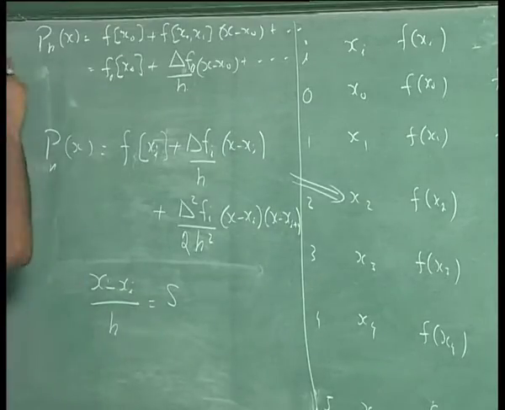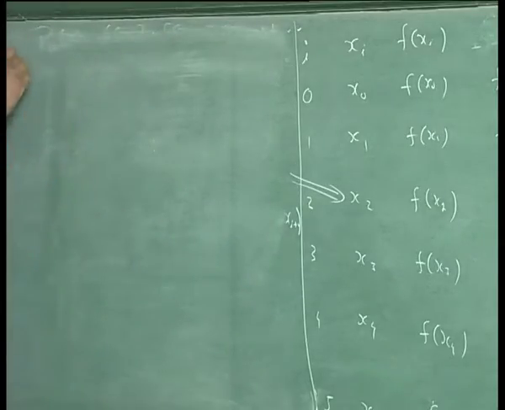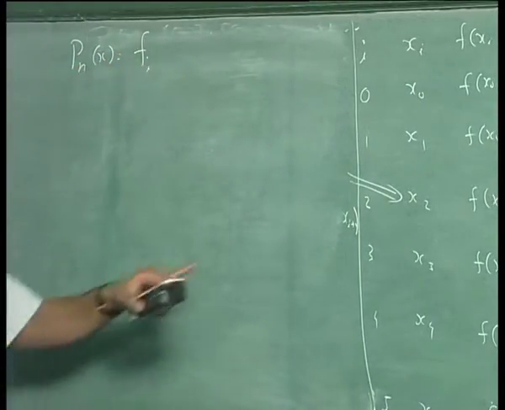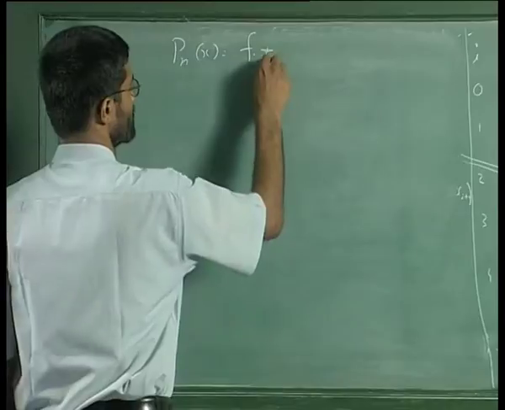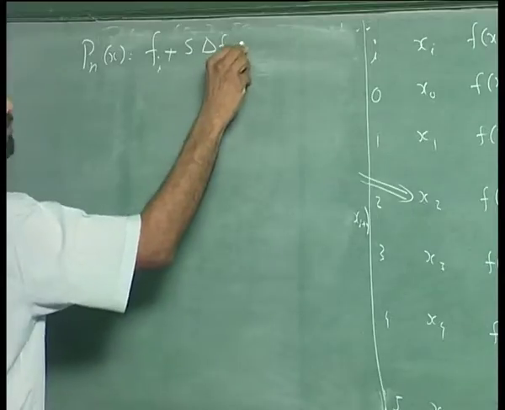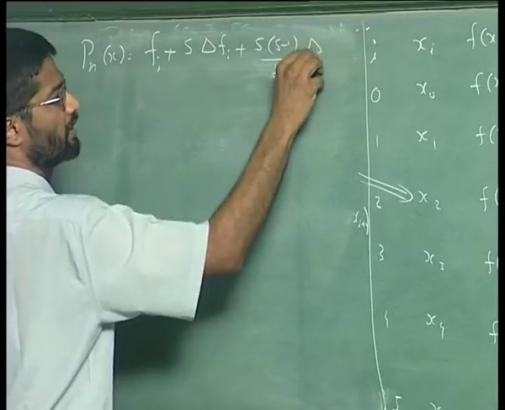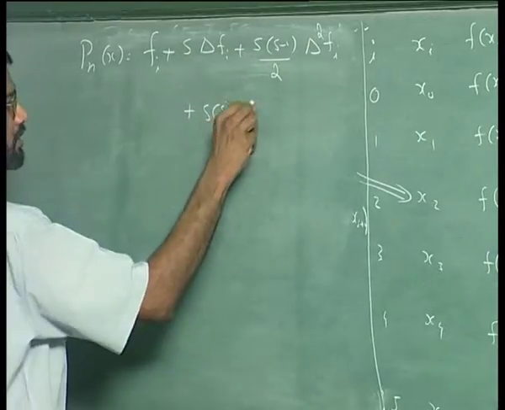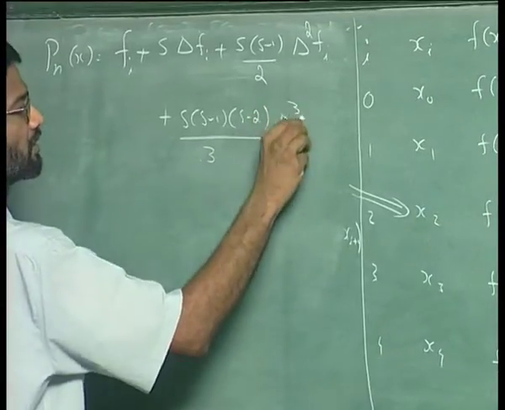So the new polynomial which we write would be Pn of x as fi, where we enter, 2 or 3 or wherever, plus s into del fi, plus s into s minus 1 by 2 into del 2 fi, plus s into s minus 1 into s minus 2 divided by 3 factorial into del 3 fi.